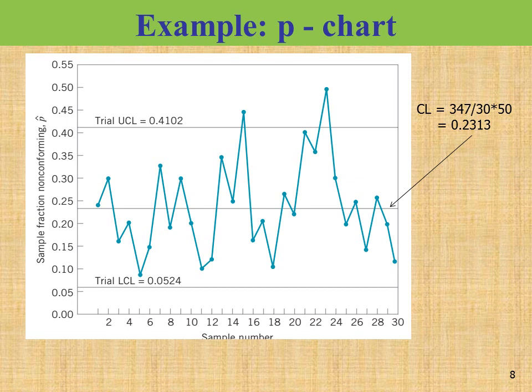So we remove these samples from our given data set, and then we again calculate the center line and the upper and lower control limits, and plot all the remaining 28 data values again. And again, if we find any value going beyond the upper or lower control limit, then we will remove them, so as to get stable values of UCL and LCL. And this way we prepare the p chart.